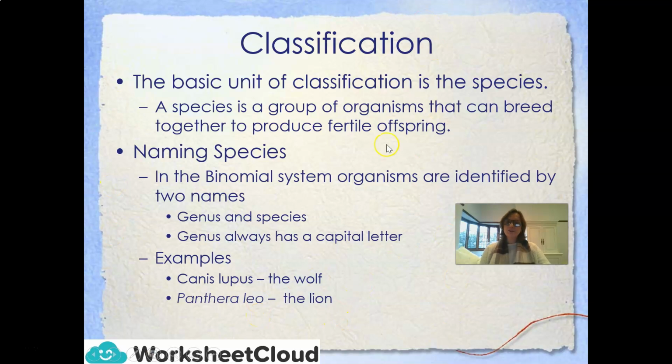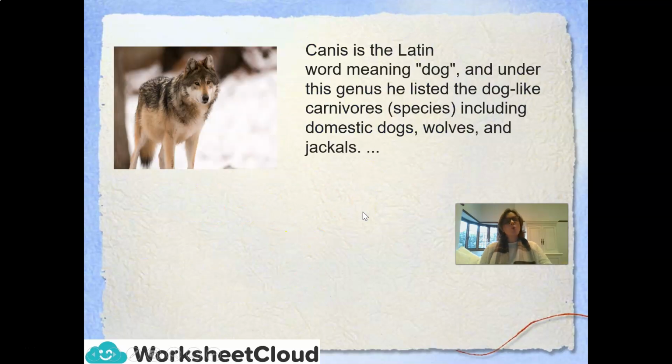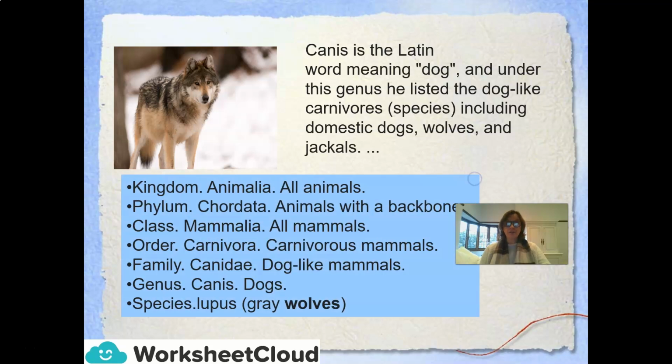Now, how does this work in the classification system? Well, as you know, Canis is the Latin word meaning dog. So you think of a canine, okay? And under this genus, he listed the dog-like carnivores, which are a specific species, including domestic dogs, wolves, and jackals.